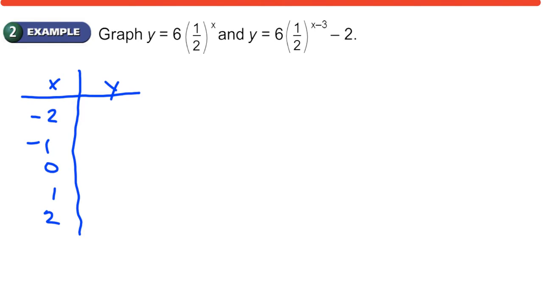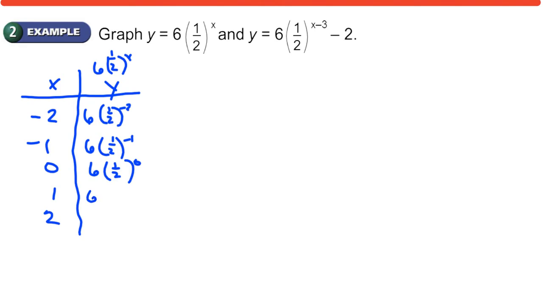Okay, now substitute these into the original function. So that would give us 6 times 1/2 to the -2, 6 times 1/2 to the -1, 6 times 1/2 to the 0, 6 times 1/2 to the 1, and 6 times 1/2 squared.